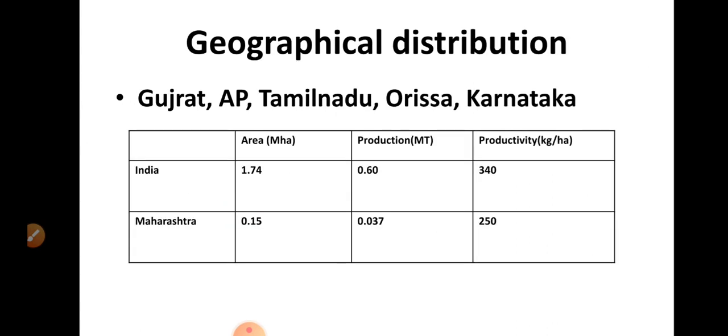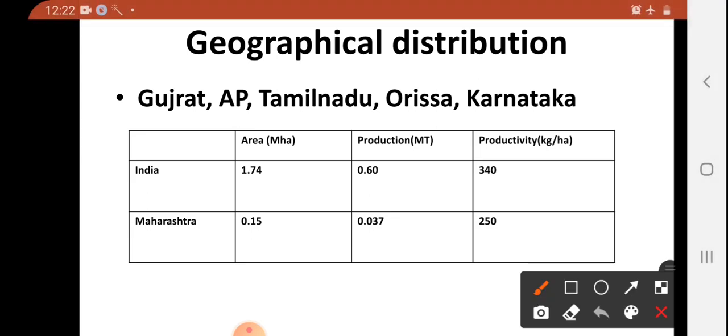Okay. See, if we think about its distribution, Gujarat, Andhra Pradesh, Tamil Nadu, Orissa, and Karnataka are the major states of India where this crop is cultivated. If we think about area and production of India, from 1.74 million hectares of area, we got 0.60 million tons of production, and productivity is 340 kilograms per hectare.